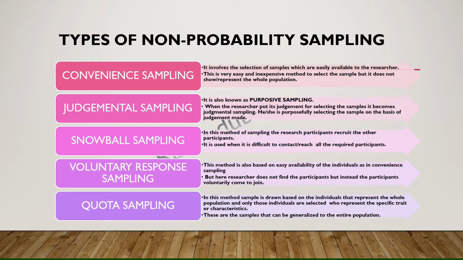When he or she is purposefully selecting any sample on the basis of his judgment, then it becomes the purposive or judgmental sampling. So in a nutshell, whenever the researcher is making some kind of judgment and on the basis of those judgments he is purposefully selecting some of the samples from the whole population, at that time it becomes my judgmental sampling.